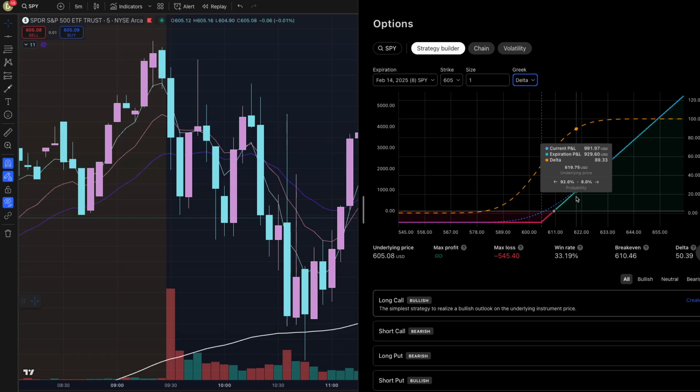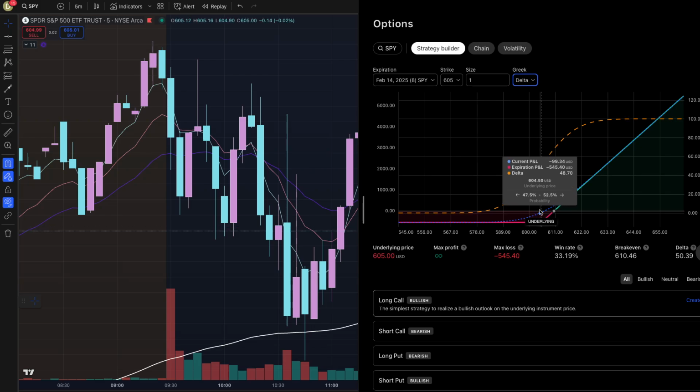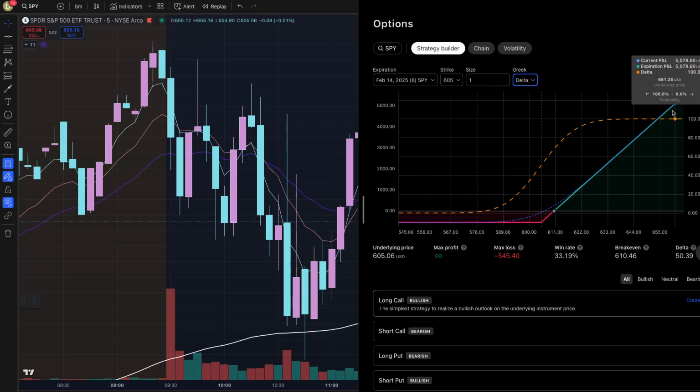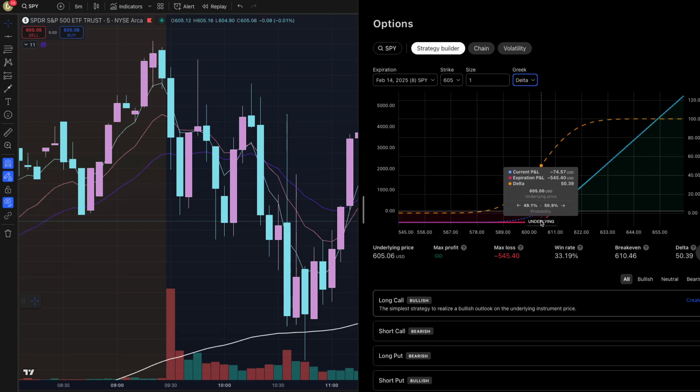And then if we look at the chart, it shows you the red line, which says your expiration P&L. So what that means is that when we reach February 14th, based on where we are on the SPY chart, that will tell you what your P&L will be.